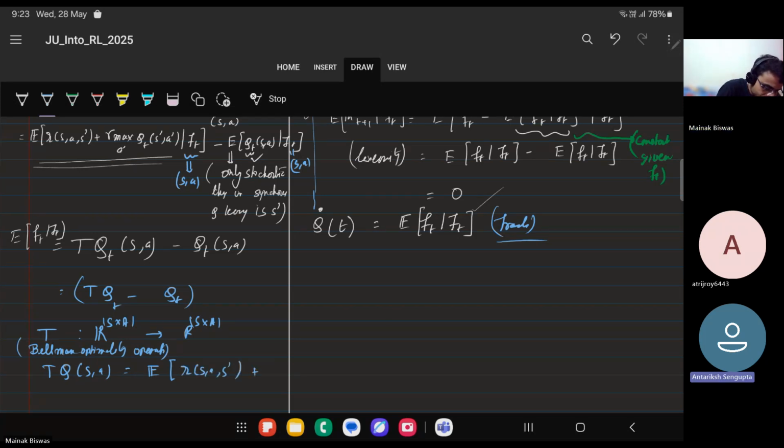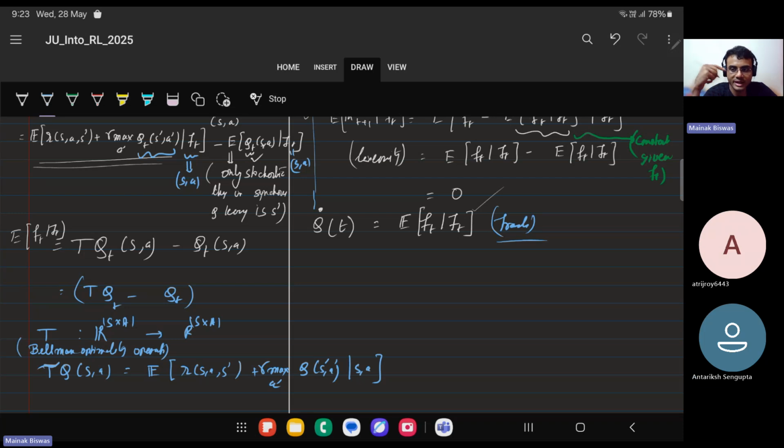Yeah, so it's Qt plus one. We can write it as Qt plus TQt, which is just putting the values in this place, no? This is the Bellman operator, yes or no?